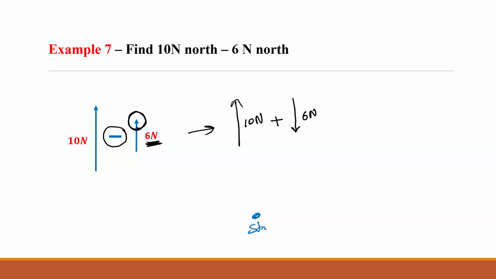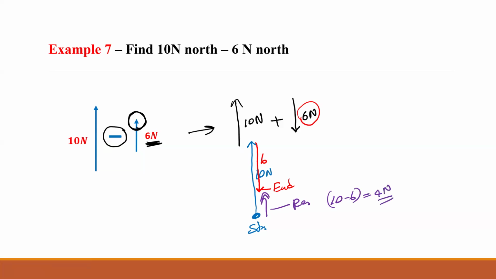This is my start. I go 10 units along the north, and this is 10. Then I add 6 towards the south. This is 6 and the end is here. When you draw the start to end line, that gives you the resultant. So the resultant is 10 minus 6, which is equal to 4 newtons.